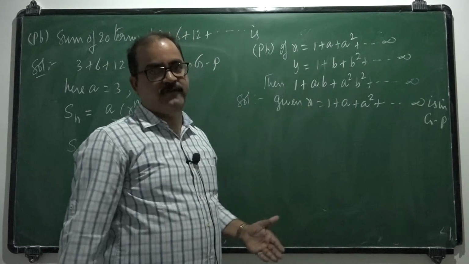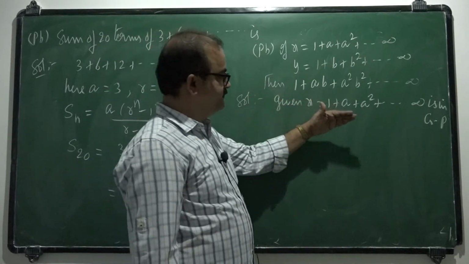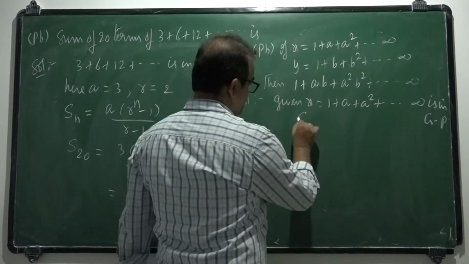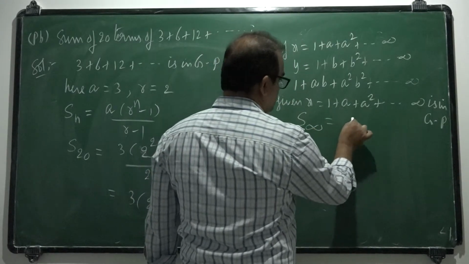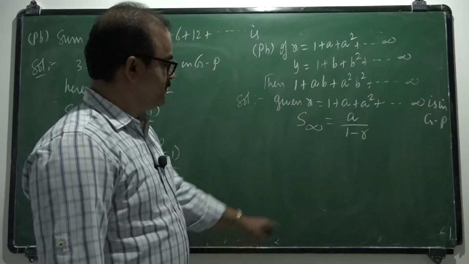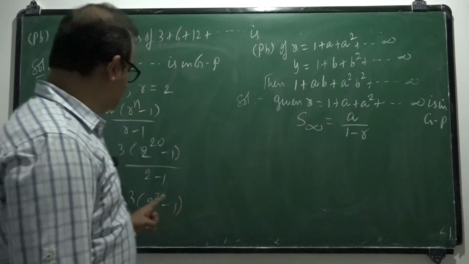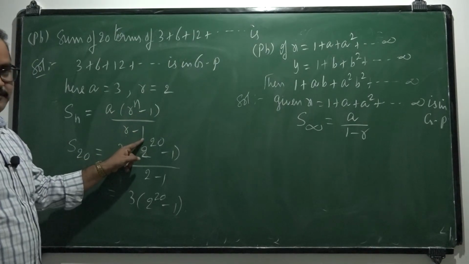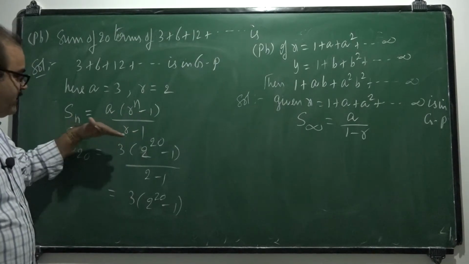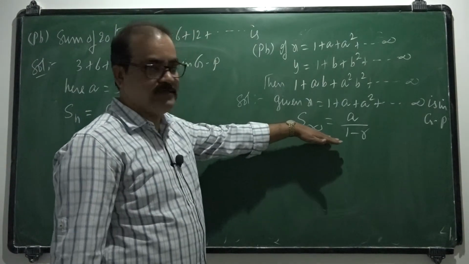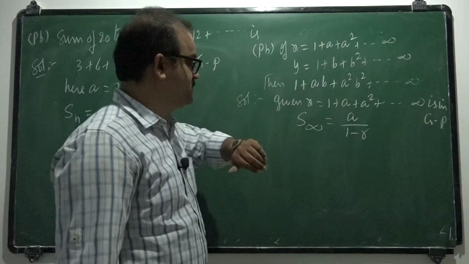Now we have one formula. Sum of infinite terms in GP is S infinity is equal to a by 1 minus r. Sum of n terms in GP is a into r power n minus 1 by r minus 1. This is the formula to find the sum of n terms, and this is the formula to find the sum of infinite terms.